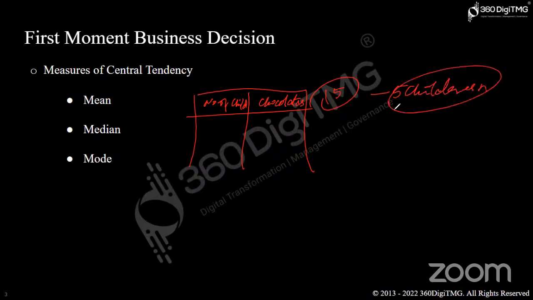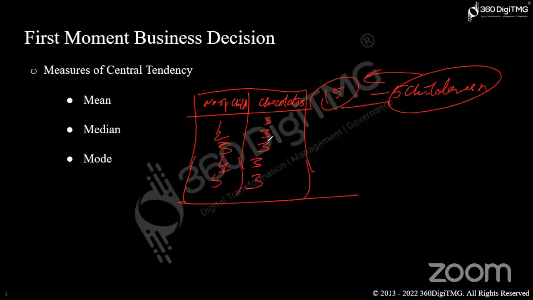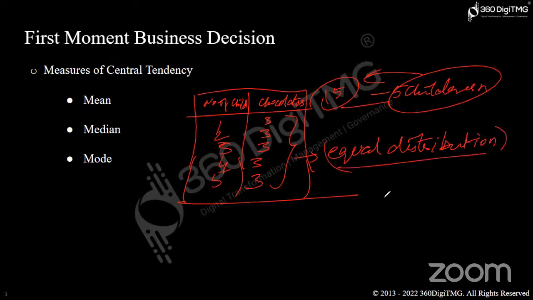When I divide this chocolate among 5 children, 1, 2, 3, 4, 5, each one will get 3 chocolates. So total 3 each, that is 15. So this is equal distribution, with no variation.